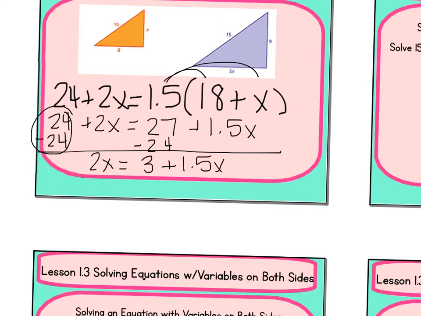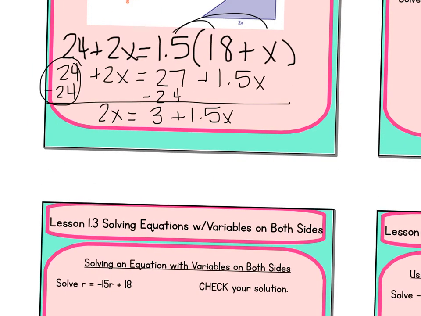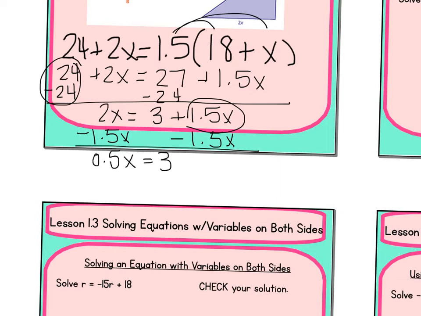I want to get all of my x's together, so I've got to move them to the left side because that's where my x's are alone. So I'm going to subtract 1.5x from both sides. 2x minus 1.5x is going to give me a half of an x equaling 3. Divide by 1/2, and x equals 6.